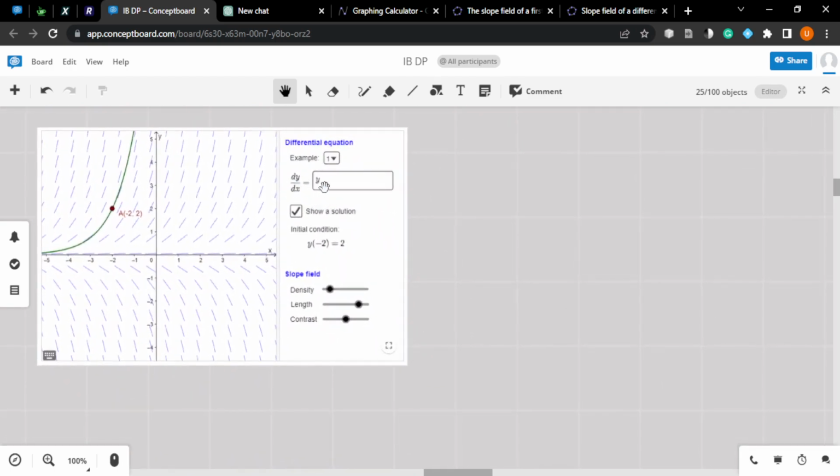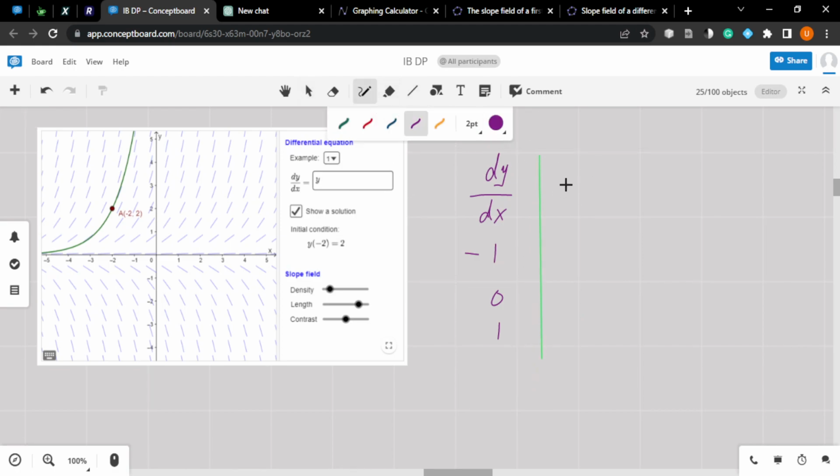Similarly, another example, dy over dx equal to y. So again, we can say that dy over dx can be minus 1, it can be 0, it can be positive 1, and based on this, we can say that over here y would be minus 1, 0, and 1. So it means that at y equal to minus 1, these line segments will have a slope minus 1.